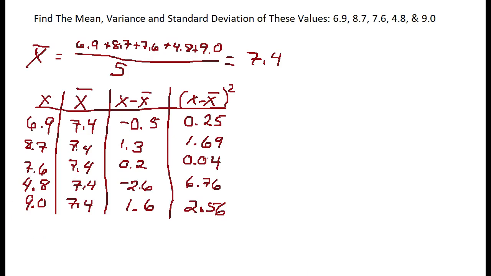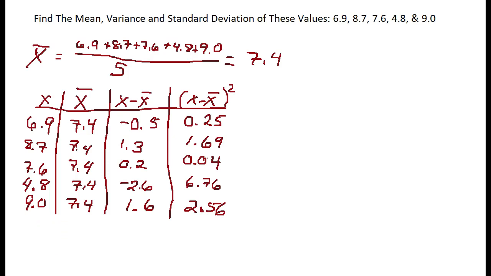What you see here is I have filled in the rest of the table. I went to my 7.6, subtract the mean, get 0.2, square it, get 0.04, and so on. So after I have finished my table, I can now compute the variance.